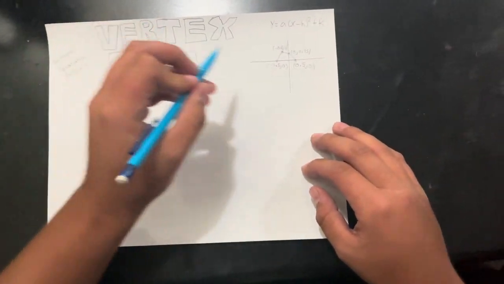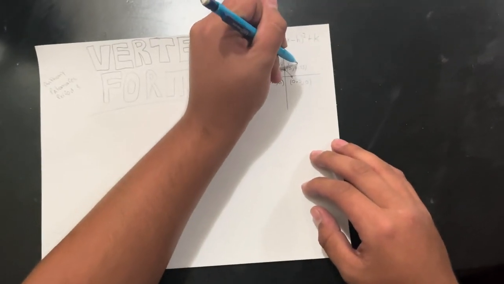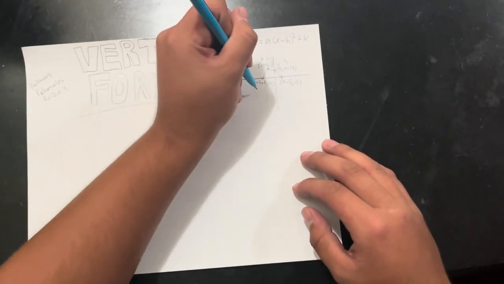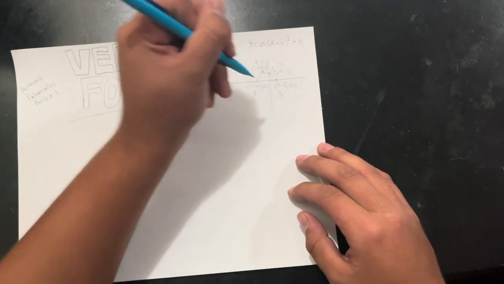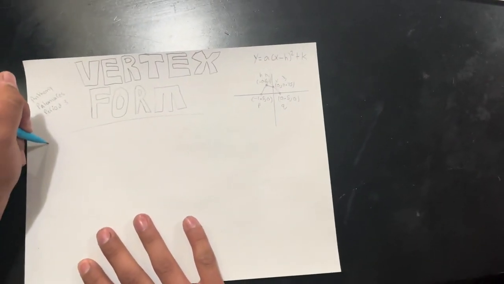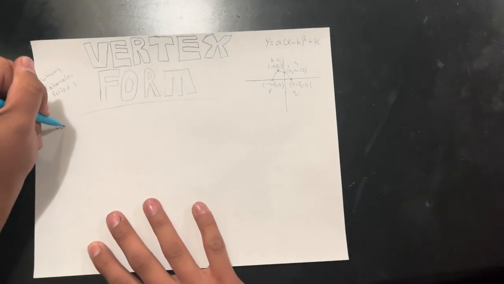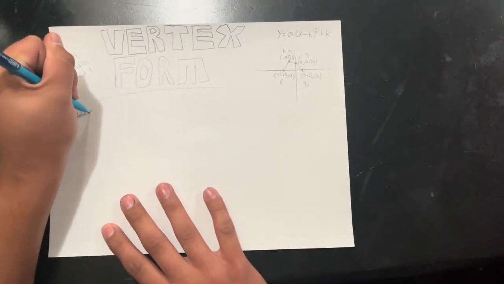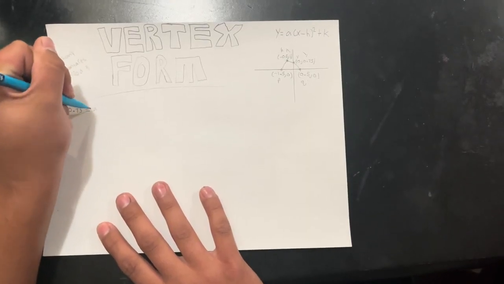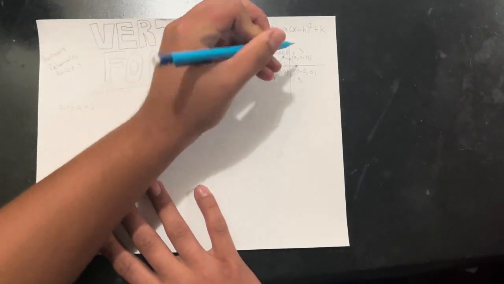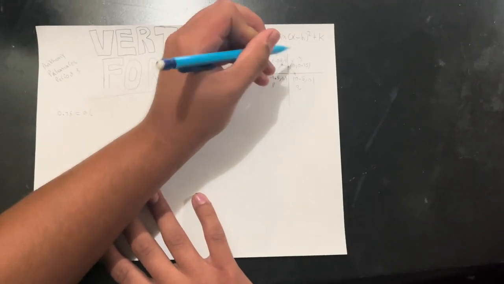So as we can see here, our X and Y, our H and K, and our P and Q. Over here, we're going to start this equation by putting 0.75, which was our Y right here, equals A. In vertex form, we have to find this A, times X, which in this case is 0.